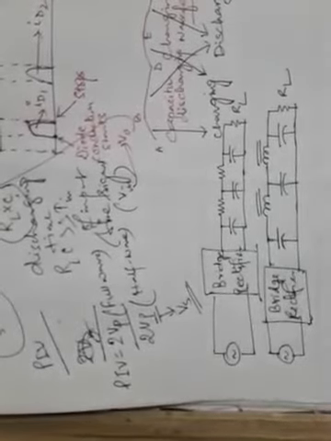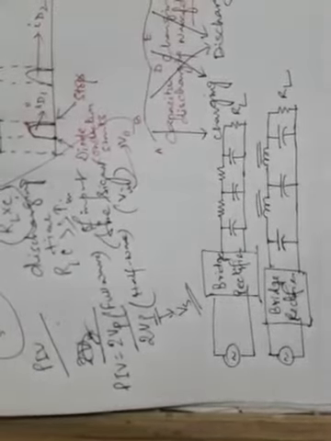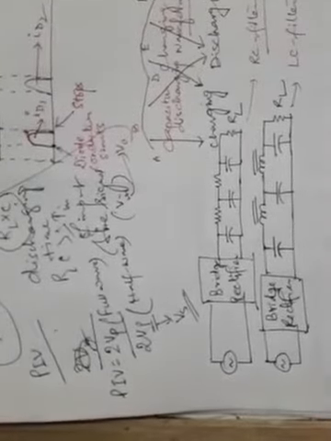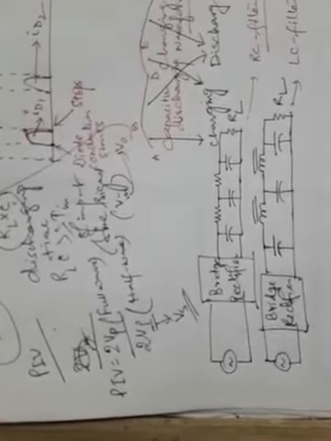So in the first case, we can say that this is an RC filtering scheme, because the filter comprises a resistance in series and a capacitor in shunt, and this is an LC filtering scheme, an inductor in series and a capacitor in shunt.